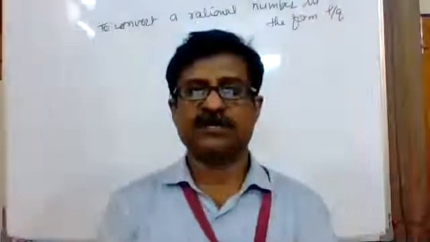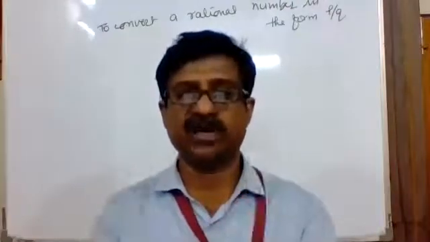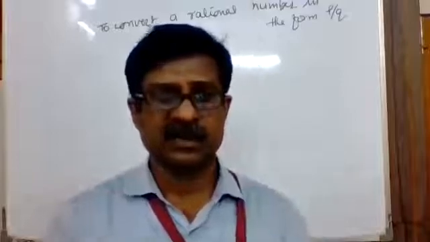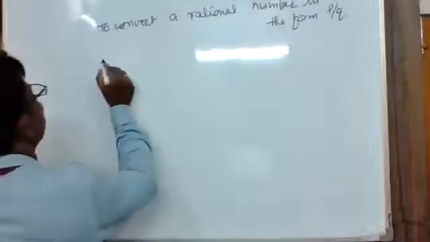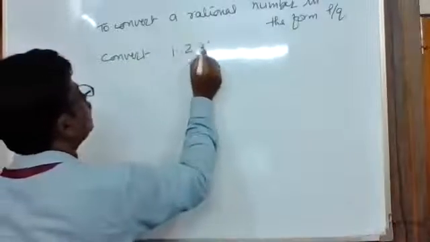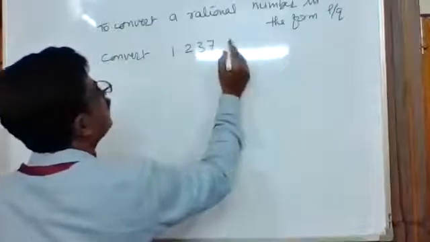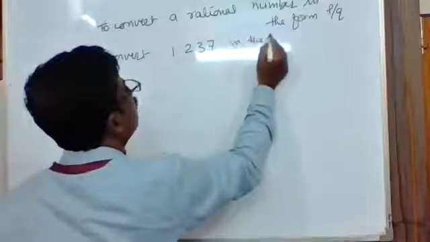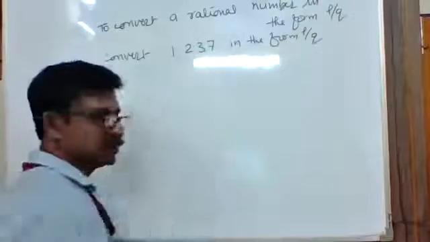For this, we'll take a particular question and try to solve it. If the question is convert 1.237, if there is no bar, we are converting in the form of P upon Q. That's the question. There is no bar.